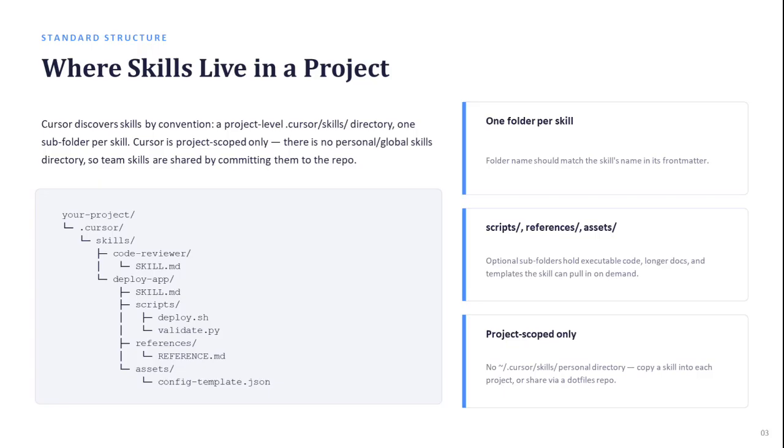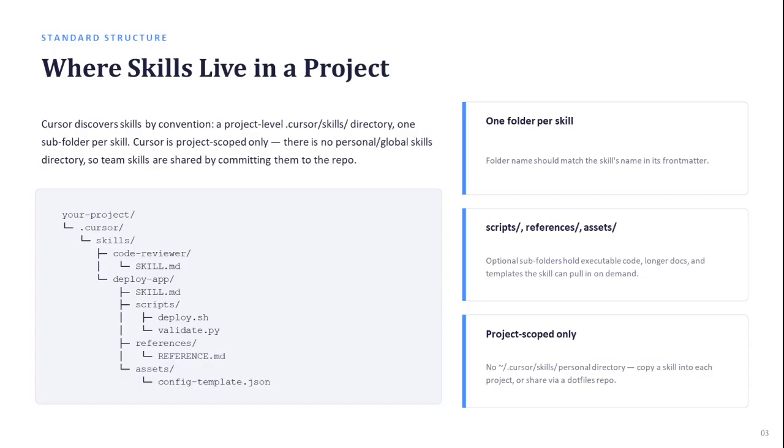Now, where skills live in a project. A skill is a file, and you can see here I mentioned the hierarchy of Cursor. Your project, you can give any name, and then the .cursor folder you must put as it is.